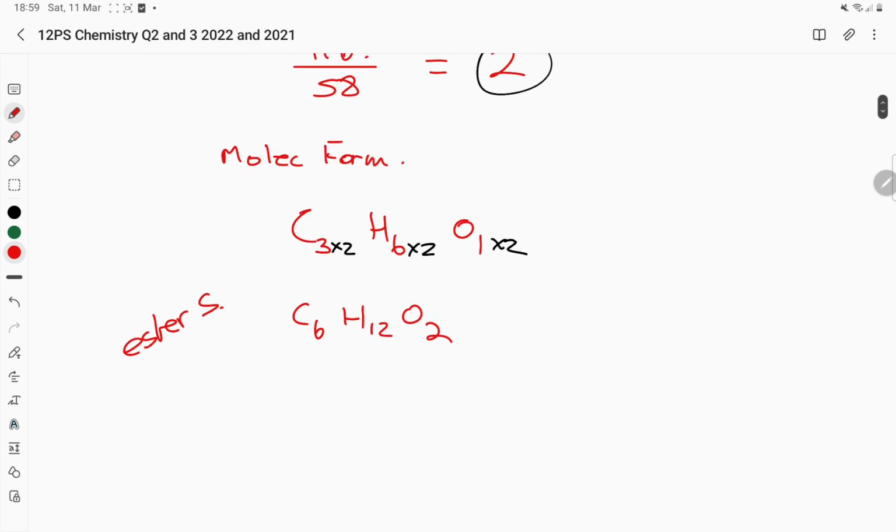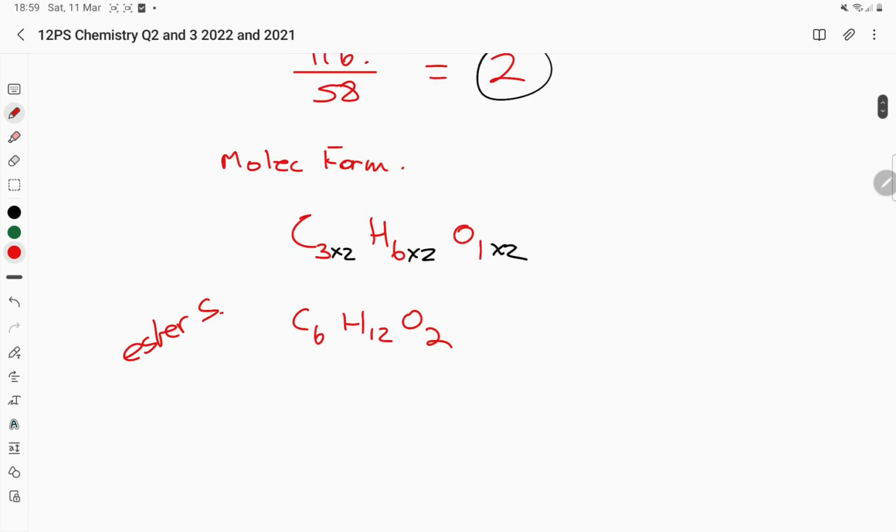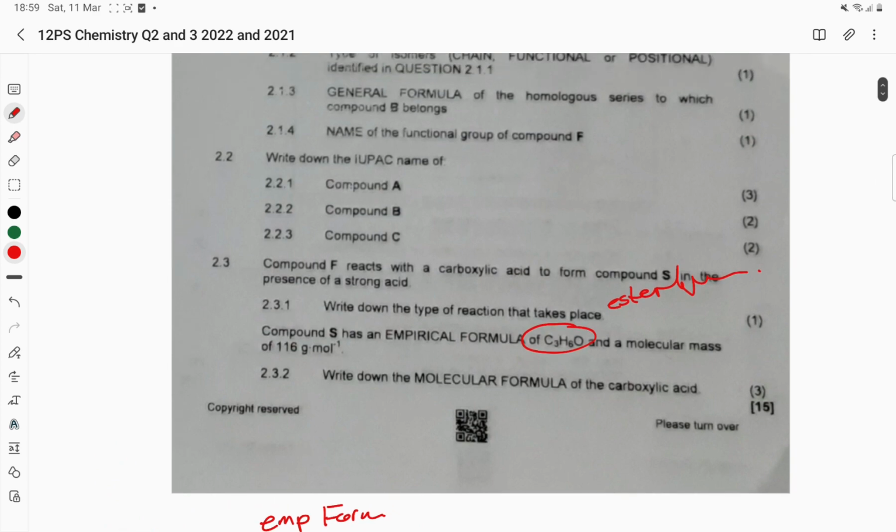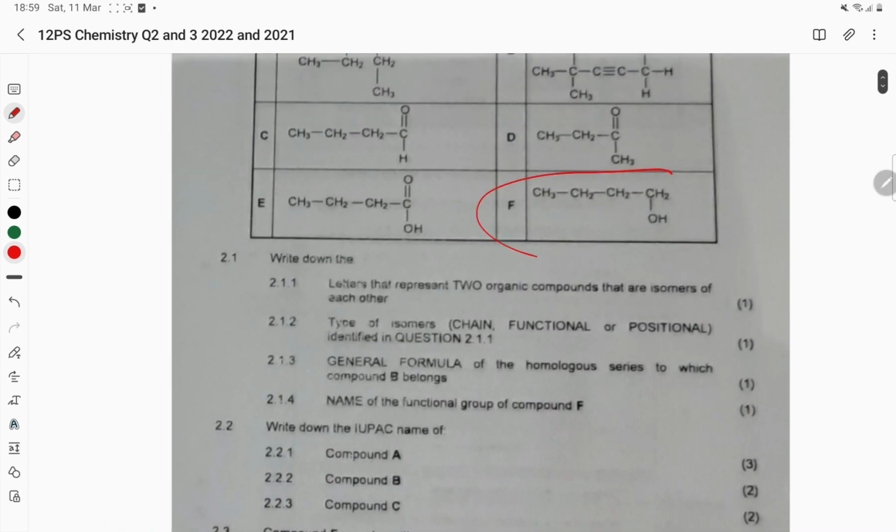The cool part here, now we know it's a 6-carbon chain, but how many carbons left and how many carbons right? So remember an ester as a functional group looks like this. But how many carbons will be on the right and how many on the left? So we go back to the question and see that they're saying this alcohol reacted with it. How many carbons does it have? 1, 2, 3, 4.